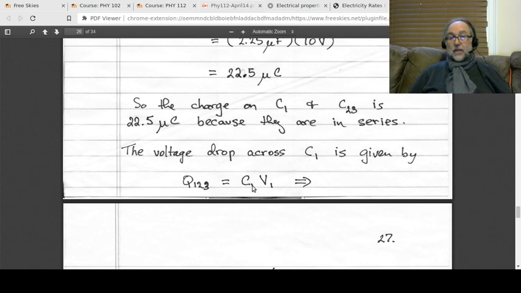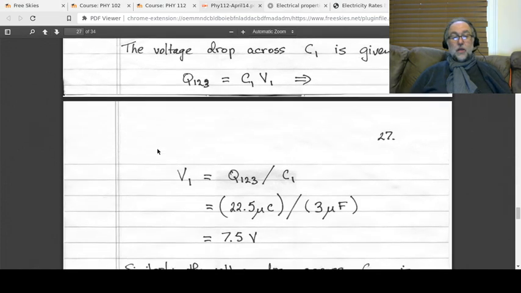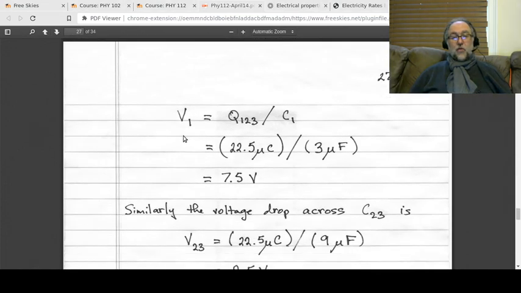And we know that C1 is 3 microfarads, and we don't know V1, but now we can solve for V1. So just rearranging that formula, you get that V1 is going to be the total charge accumulated divided by C1. That's 22.5 microcoulombs divided by 3 gives you 7.5 volts. Okay, so the voltage drop across C1 is 7.5 volts.